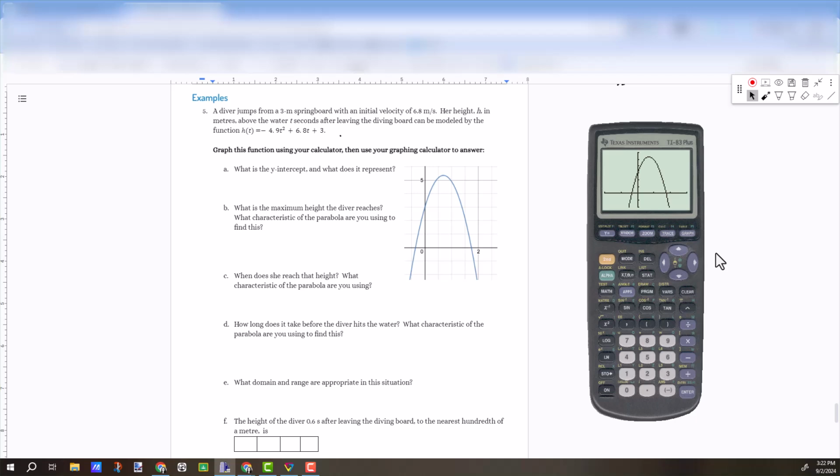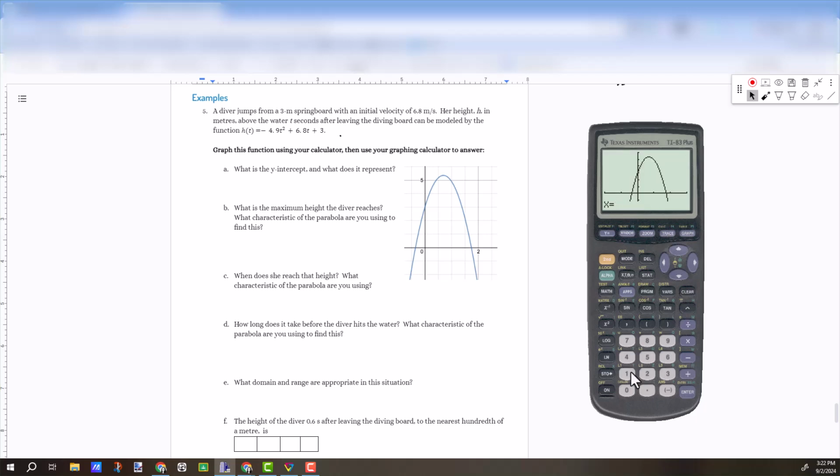So the first question asked is, what is the y-intercept? Well, we can do this algebraically, but we can also use our calculator. The way we're going to do it on our calculator is in the second calc value button.